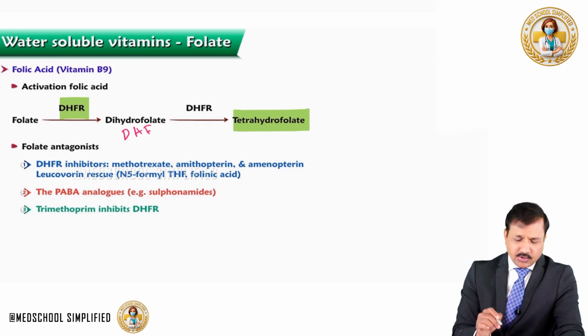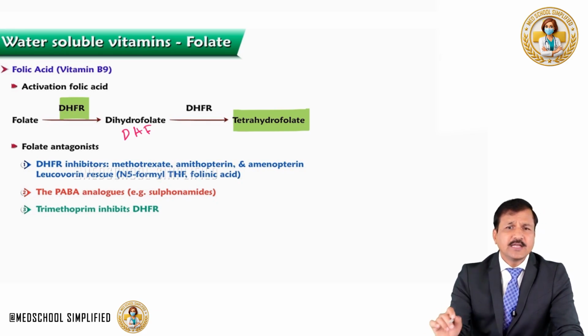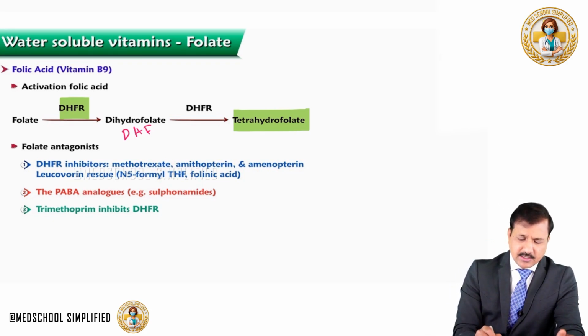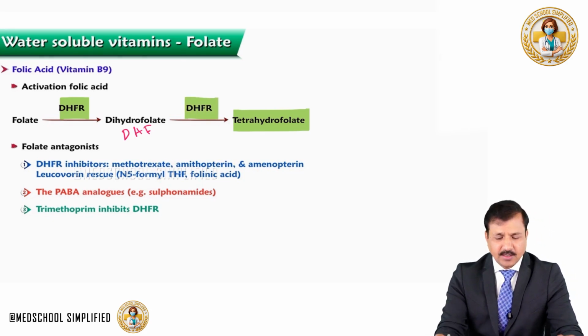So, anti-tumor drugs, that is methotrexate, amethopterin, aminopterin, all of them competitively inhibit dihydrofolate reductase enzyme, and thereby they decrease the availability of tetrahydrofolate.